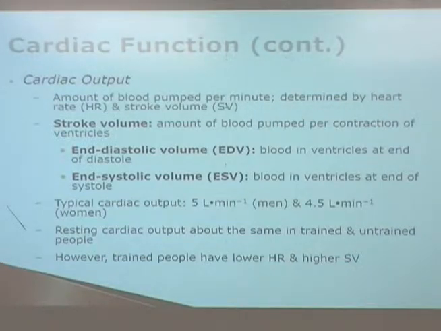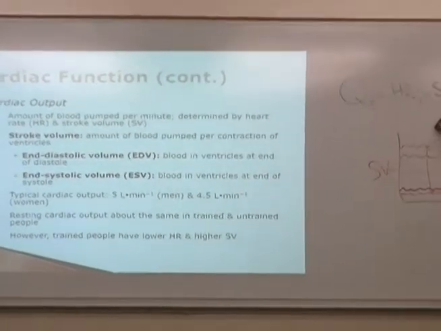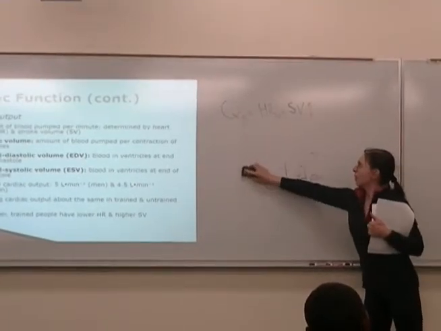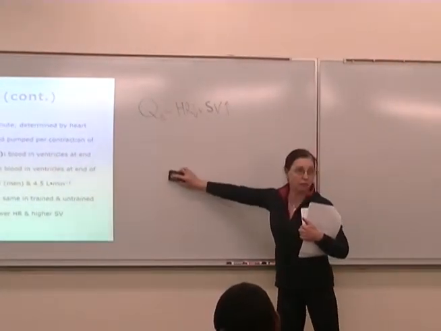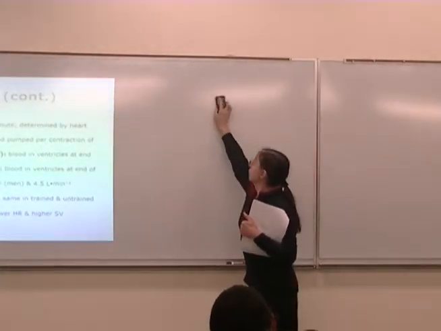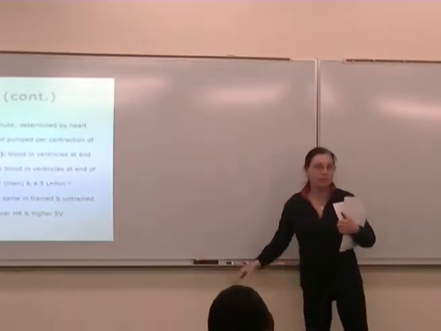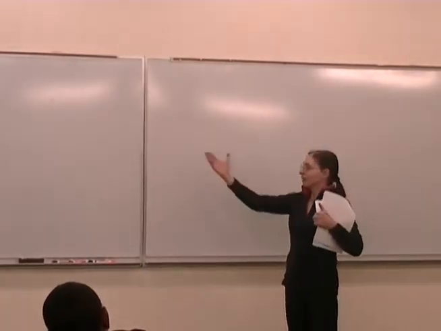Like a diagram? Yeah. Well, you need to understand the anatomy of the heart, because otherwise the adaptations to training and what we see happen don't make sense. That's why you have to have A and P before you do X-rays.